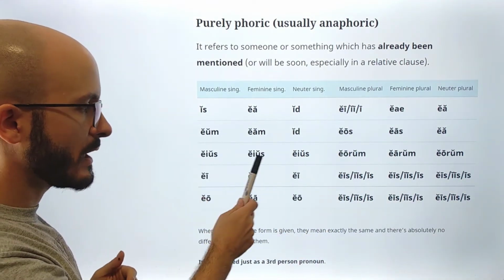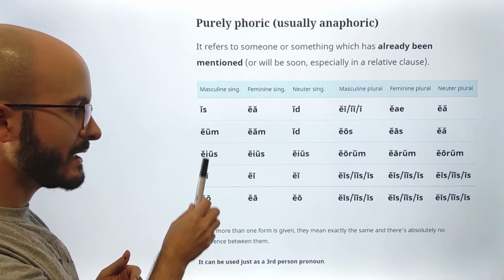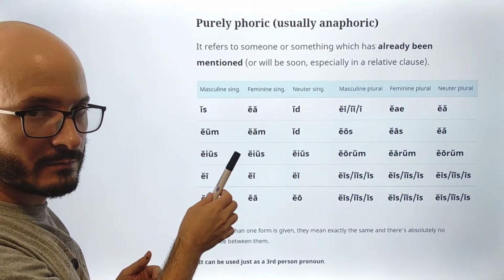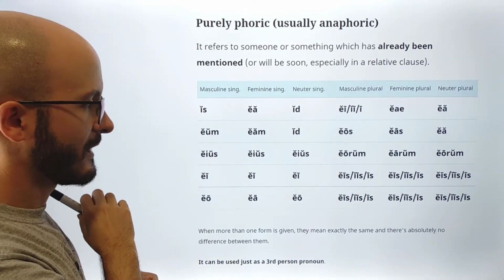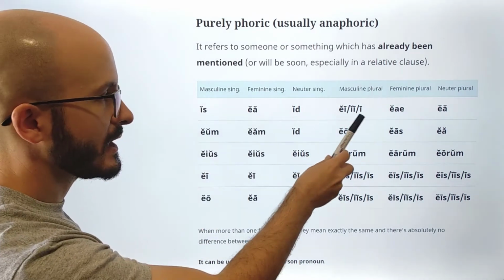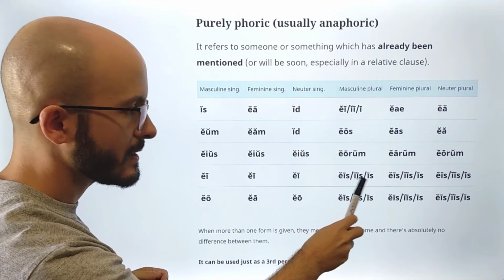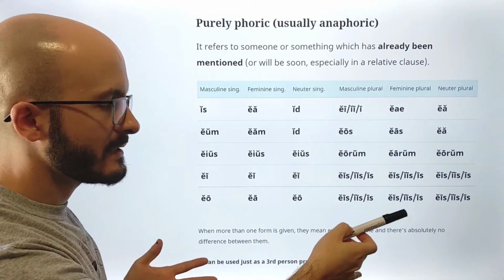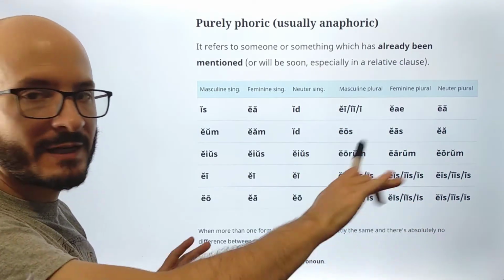Of course, eius, and here you see again that this e is a consonant, like a semi-consonant, no? So it doesn't have length. And then you see here a, e, as, is. This means that you can find any of the variants. They mean exactly the same.